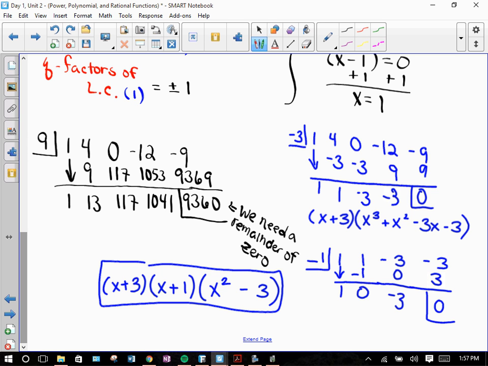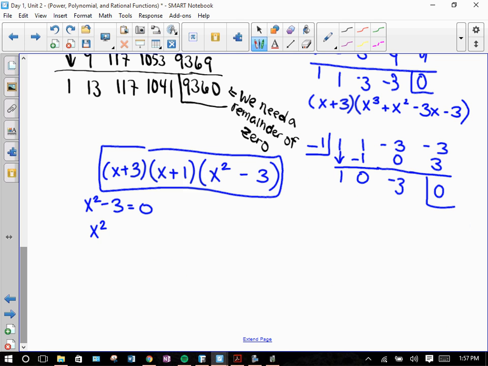And now, look at this. My last factor right here is x squared minus 3. How many zeros could this one have? Two zeros. So this could potentially be factored, or I could set x squared minus 3 equals 0.